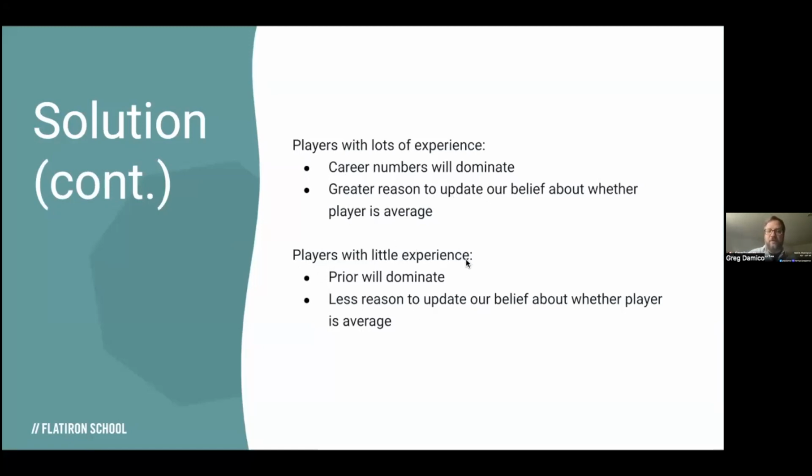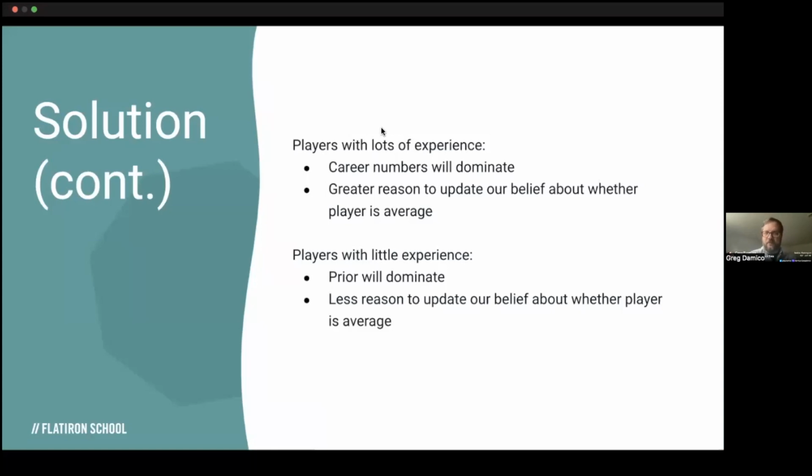On the other hand, for players with little experience, the prior will dominate. We won't have much reason to update our belief at all. So that's the basic idea. We're going to try this with batters, and more or less the same thing with pitchers.